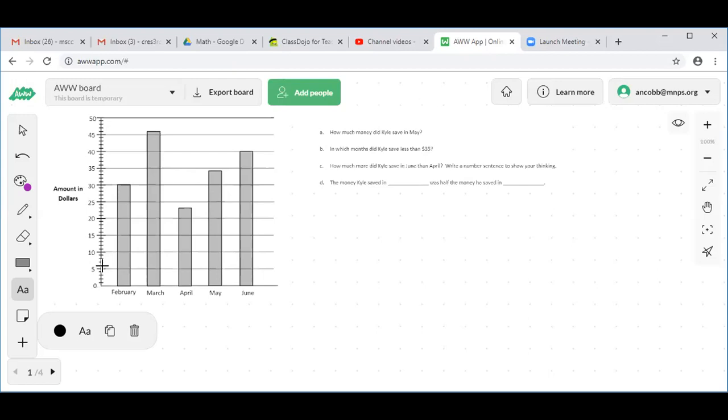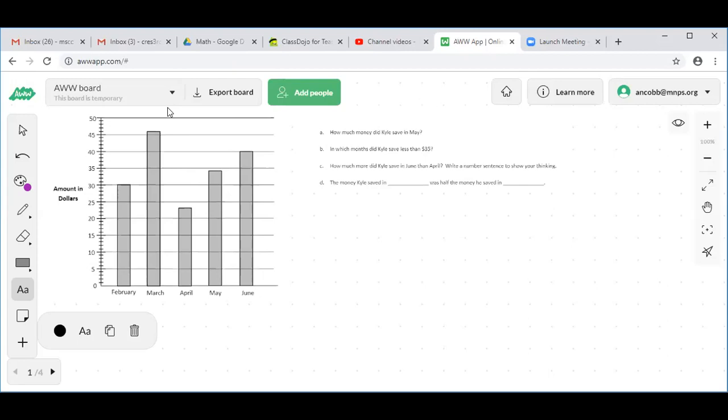However, these little marks you are counting by ones. So we have our months, and even though you don't see the top of it, the way it had to be screenshot, it's how much money Kyle saved in the months from February to June.